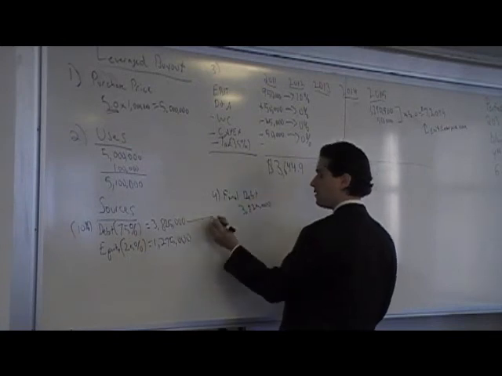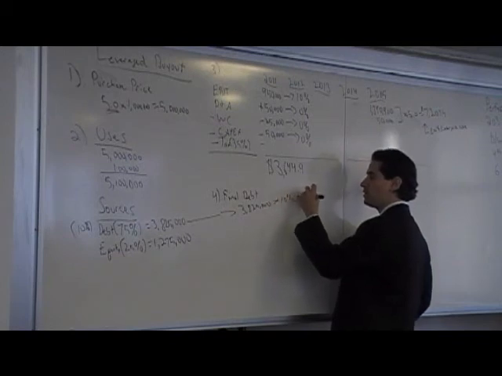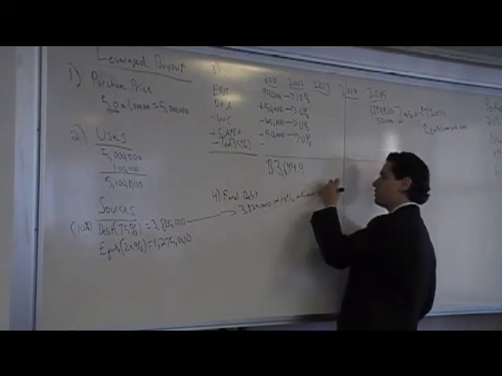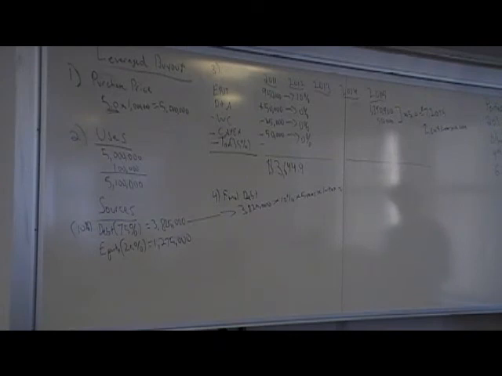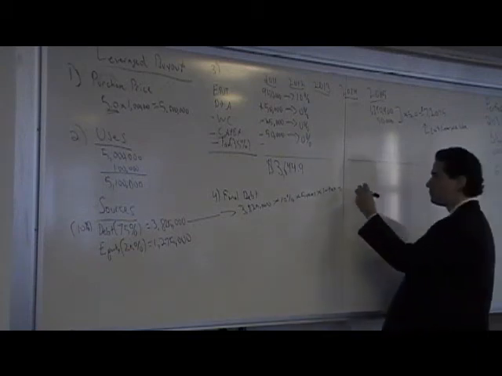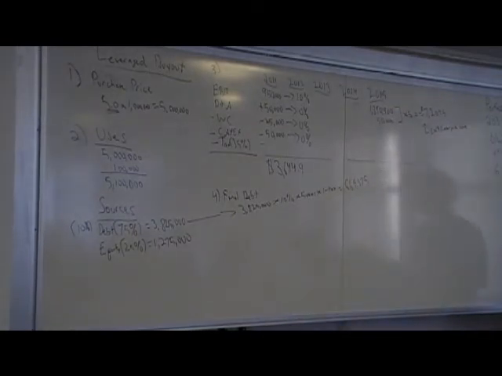3825000 from here, the original debt, times the interest rate, times 5 years, times 1 minus tax. That's the interest incurred. $669,375. And I assume a 35% tax rate.